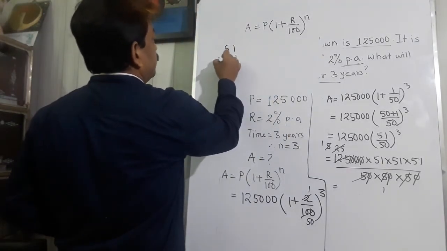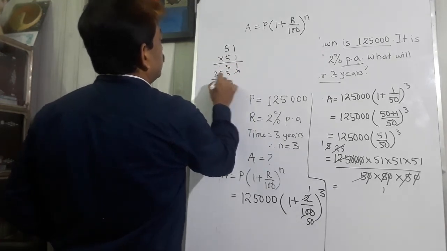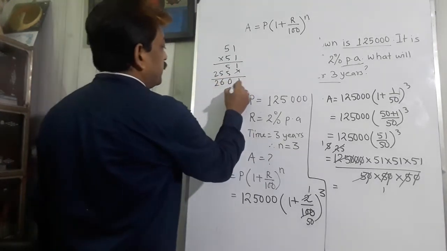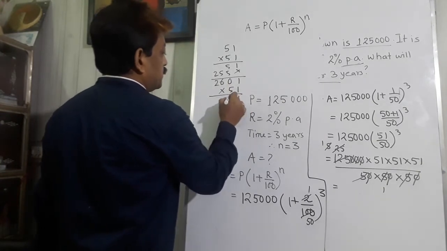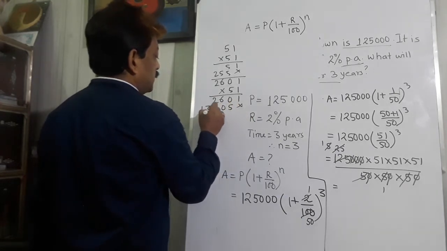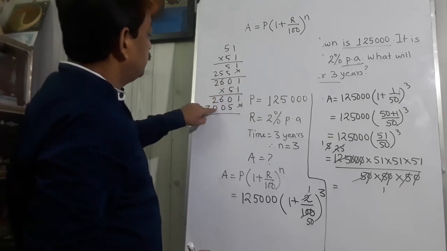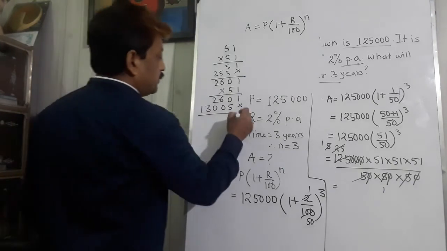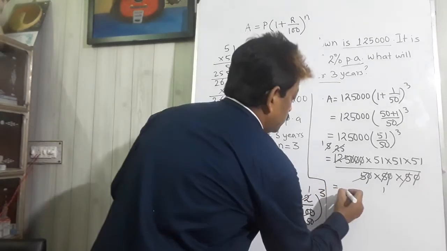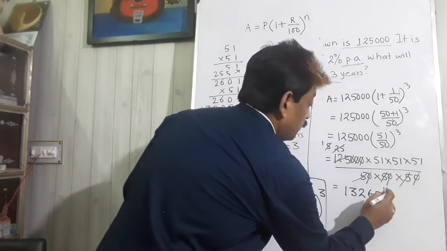51 multiplied by 51, 1 5, 525, 2601. Again we have to multiply with 51. So 2601 times 51 gives 1,32,651.